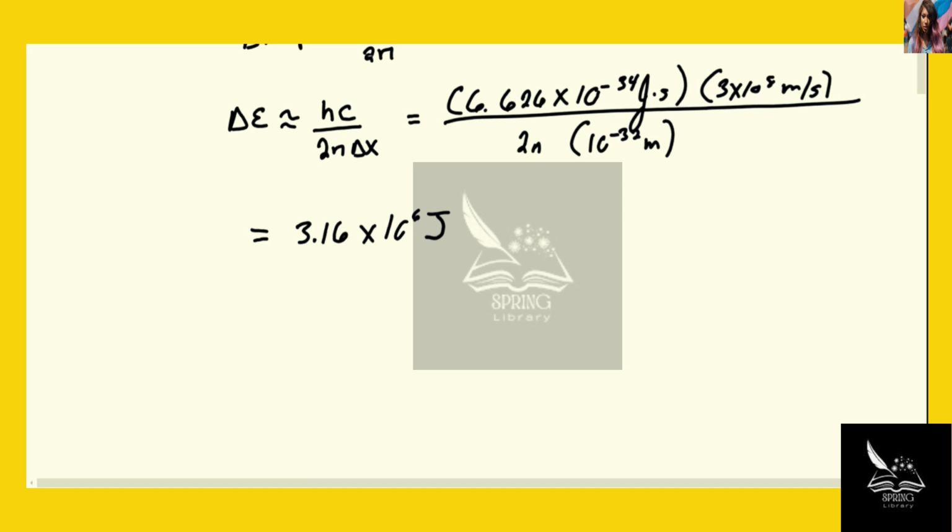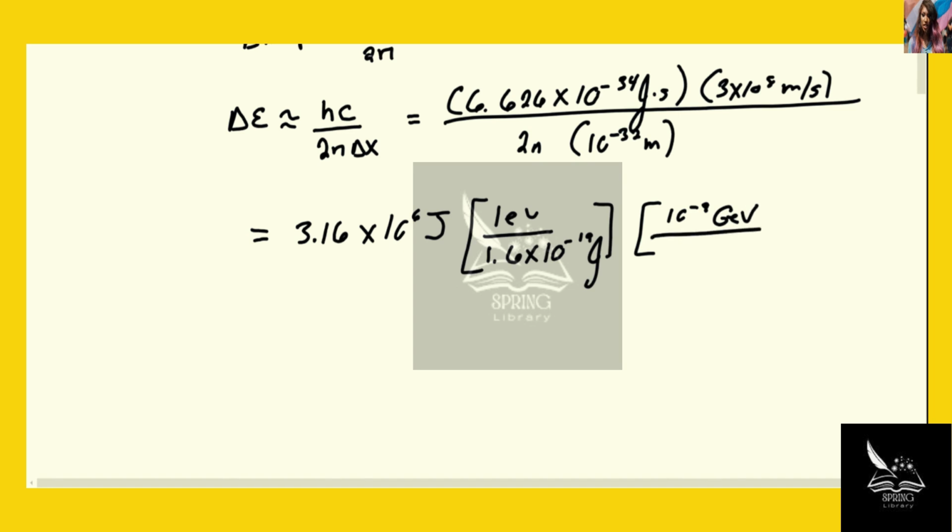And we need this in gigavolts. So we're going to do 1 eV over 1.6 times 10 to the negative 19 joules, times 10 to the negative 9 GeV over 1 eV.